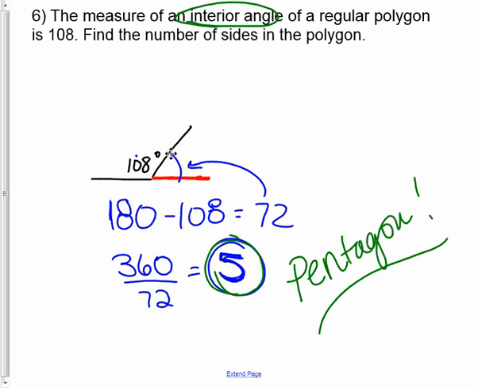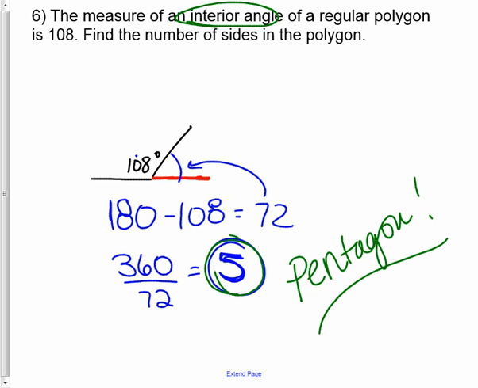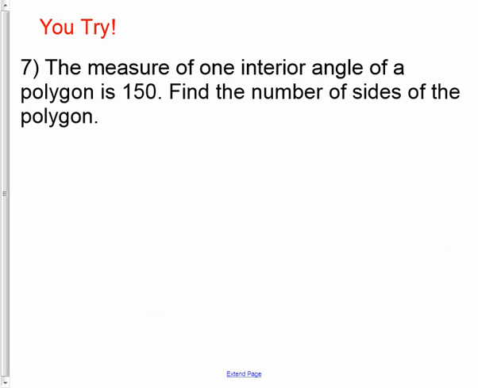Okay, so let's see if you can try a couple of these. First, you're going to try one like this, find the exterior angle, and then you're going to use that theorem to go ahead and find how many sides it has. Okay, so here's your first one. Go ahead and pause the video, and when you are done, check your answer.